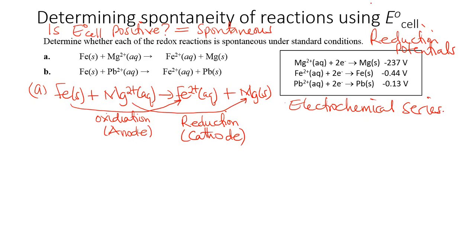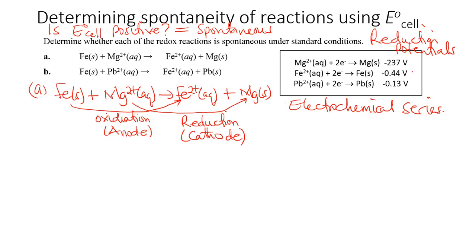So you go to these reduction potentials and normally they are written in alphabetical order. So here we start with Fe, Mg, and Pb. So if you go to the tables, usually the tables will be given using alphabetical order. So if you look at the table, for question A, we have Fe.